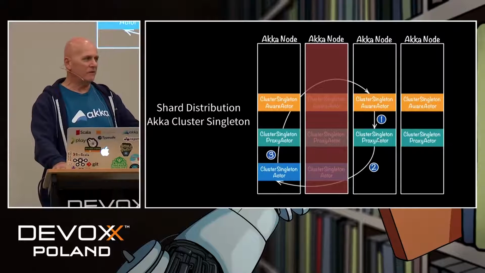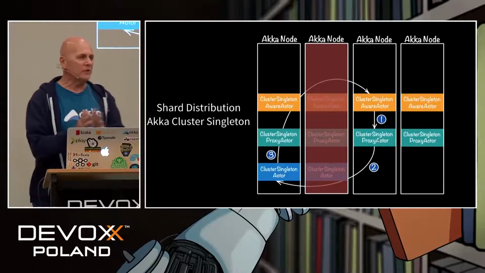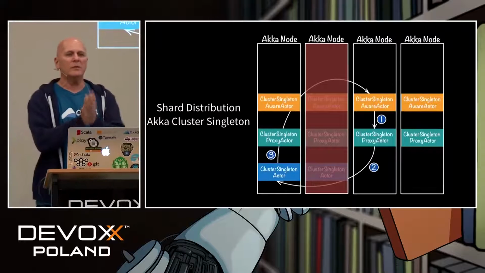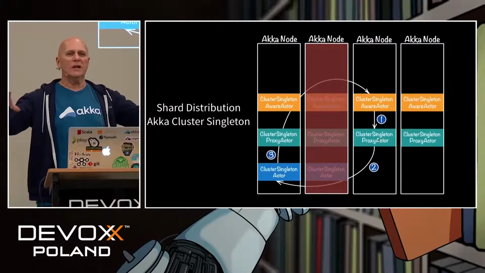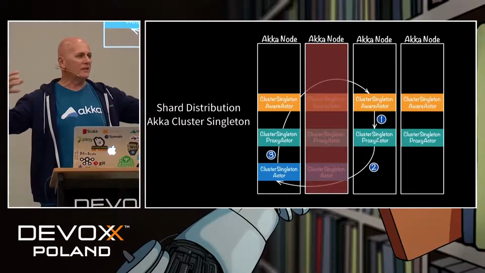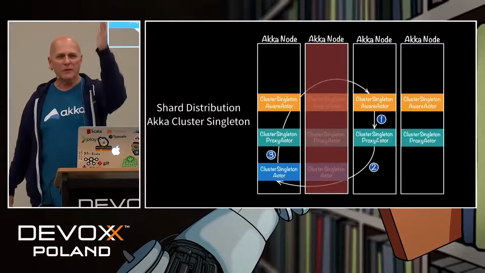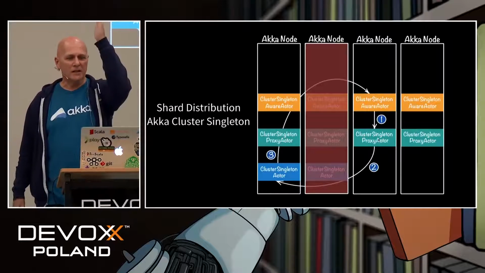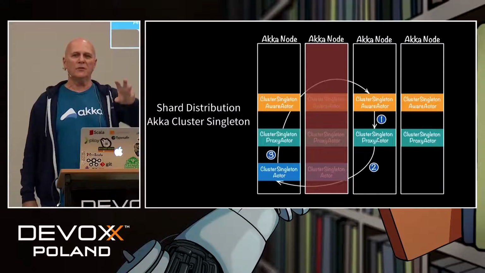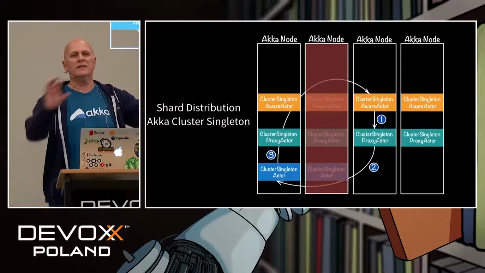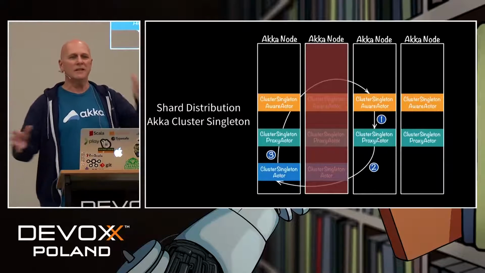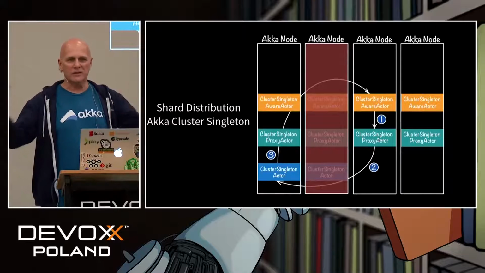But to answer your question real quick, a network partition is when nodes are up, but some nodes can't talk to each other. Say we had a split right down the middle. The network broke between two data centers. Two of the nodes on the left are in one data center, two of the nodes on the right are in another data center. The network breaks between those two data centers.